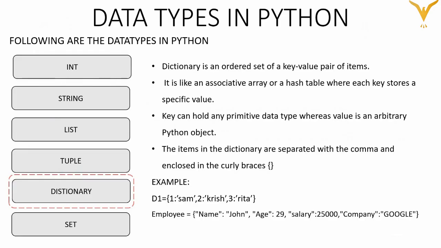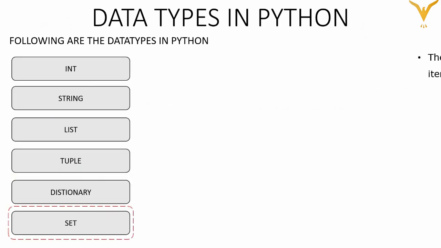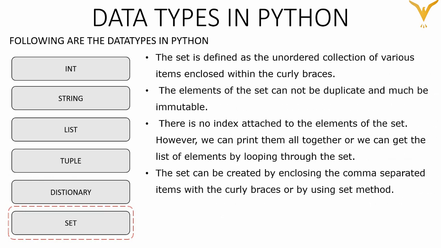Okay, so this is how we use a dictionary to store the elements. Now the next data type is set. What is a set? A set is defined as an unordered collection of various items enclosed within curly braces. So whatever items we store in the set are unordered. The elements of a set cannot be duplicate and must be immutable. What does it mean? Whatever elements we have in the set should not be duplicate, they should be completely unique.